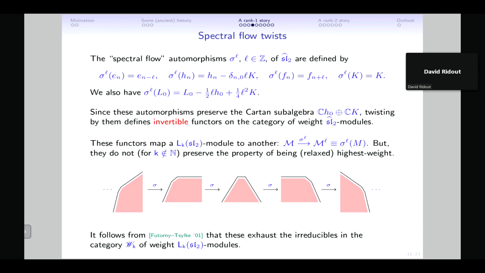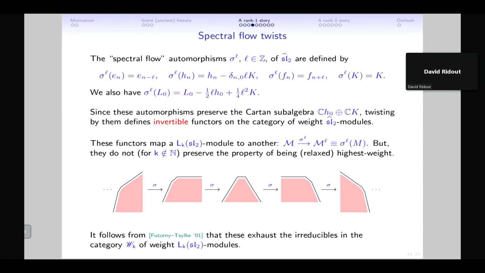This is a little bit annoying and possibly scary if you're not used to it, but these are perfectly fine representations of the VOA, perfectly fine. And in fact, one of Slava's early results from 2001 with Sylvie, I'm not sure if I'm pronouncing that correctly, effectively tells you that if you take into account all of the spectral flows of the irreducibles that Dražen and Anton classified, then you get a complete set of irreducibles in the category of weight modules over our affine VOA.